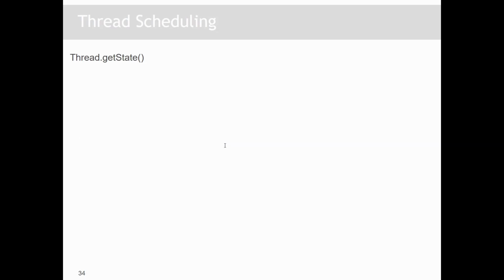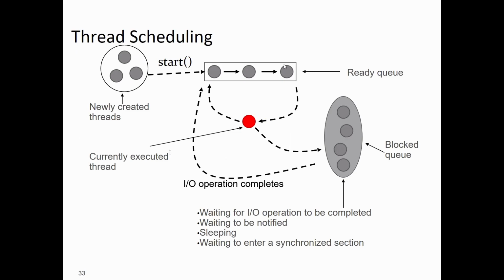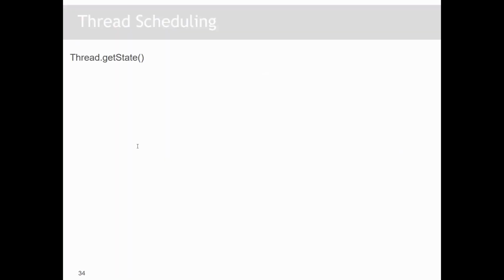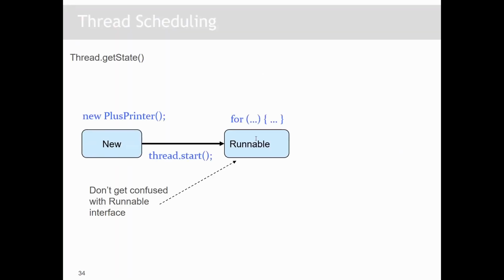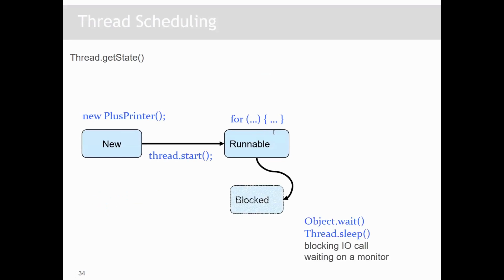We don't see these two states, because only when the thread is in that red color, it has access to CPU, it could do anything. Okay, so you can check the state. So it's a simpler view, because some things are unseen. If the thread has no access to CPU, it is not doing anything.